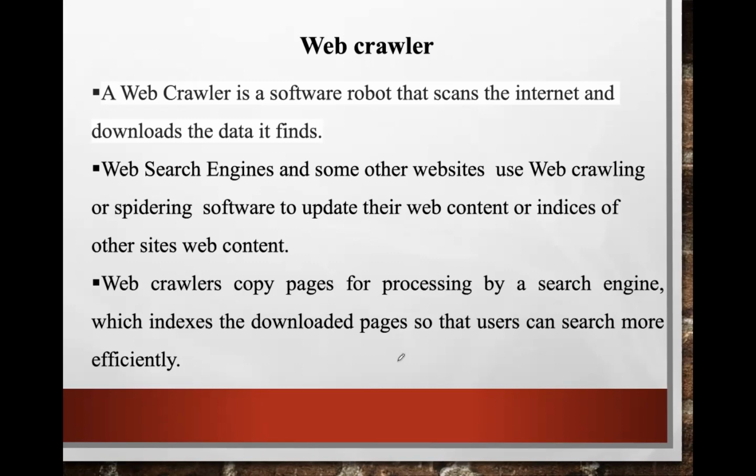These crawlers use various algorithms to determine which websites to crawl, how frequently to crawl them, and how many pages to index. This mainly helps the search engines provide the most accurate and relevant results to their users.